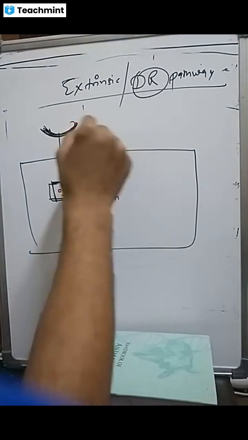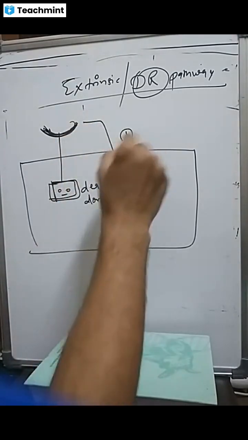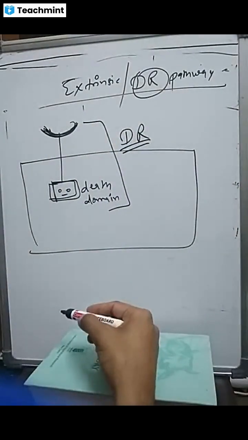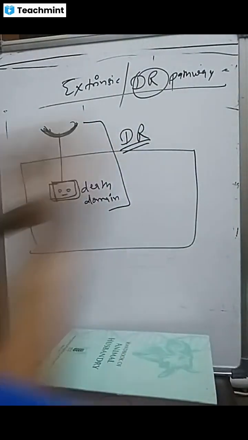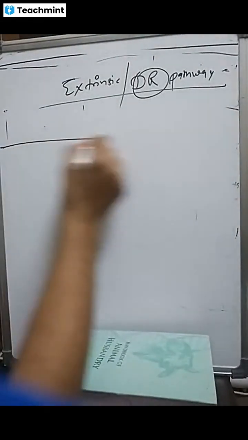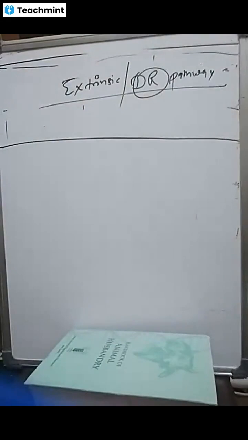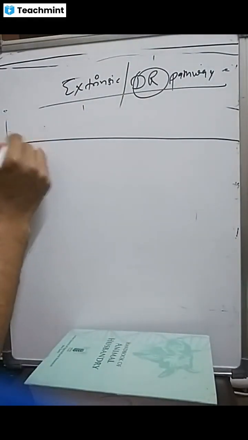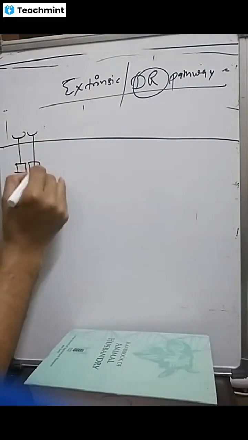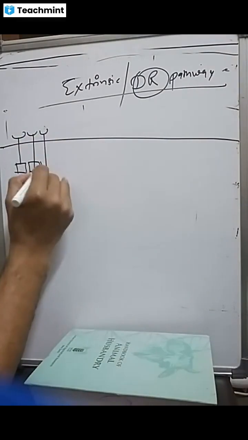So this is known as death receptor. So how does this pathway get started? In case of the extrinsic pathway, these are 3 death receptors.